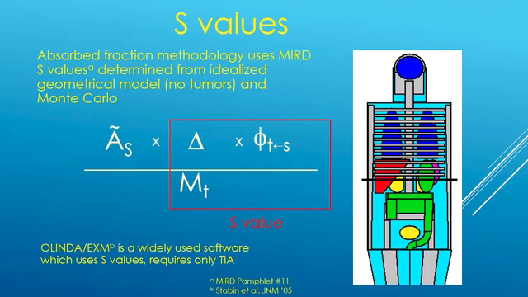So if we do Monte Carlo in a very schematic, idealized geometry for all the different isotopes, we could create these S values, which means that at this point, the only thing you need to do is measure the number of decays, which is the time integrated activity, and multiply by all these values to get your dose. So it's basically a coefficient that converts the time integrated activity to dose based on idealized Monte Carlo.